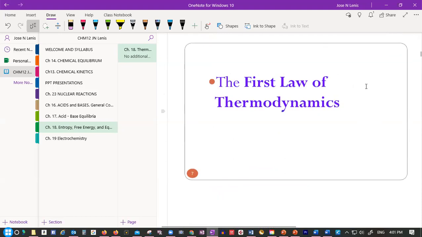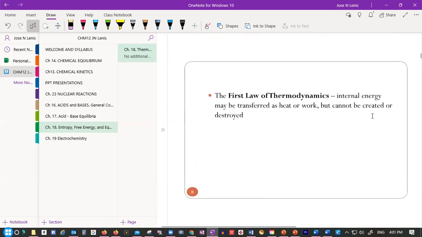The first law of thermodynamics says the internal energy may be transferred as heat or work, but cannot be created or destroyed. Energy transforms into heat or work.